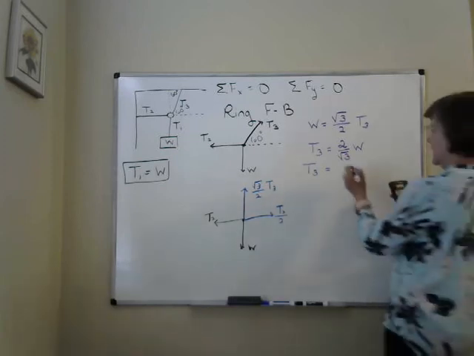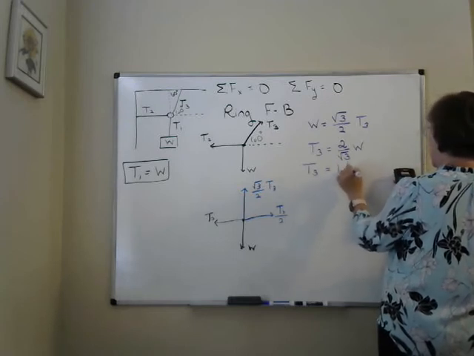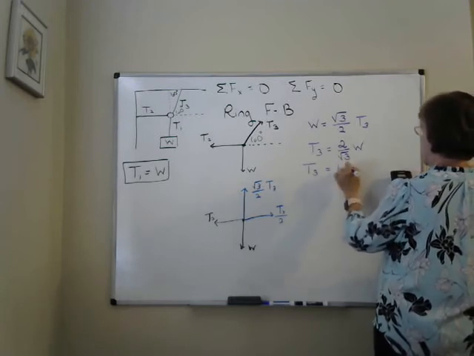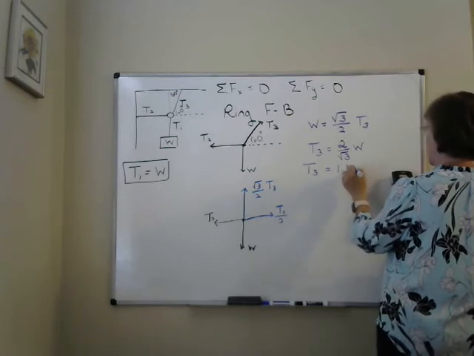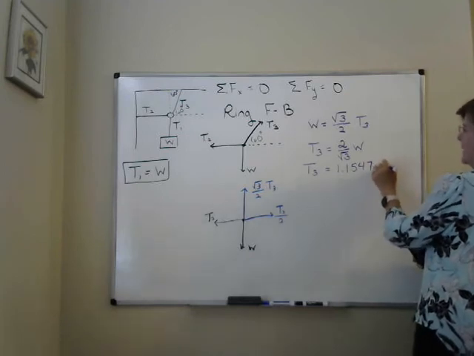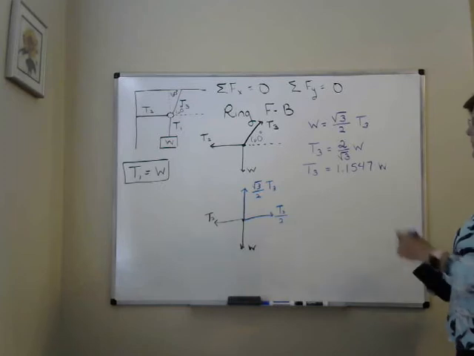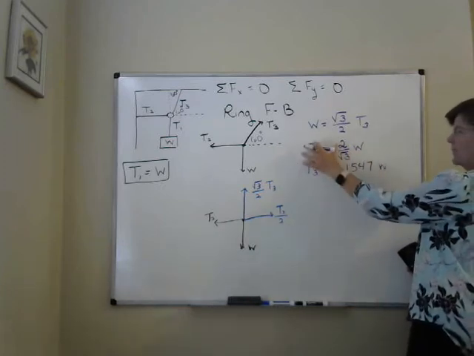It came out to be 1.1547. Now, I don't really know how many significant digits we want. If we want to be exact for right now, we can leave it like this.